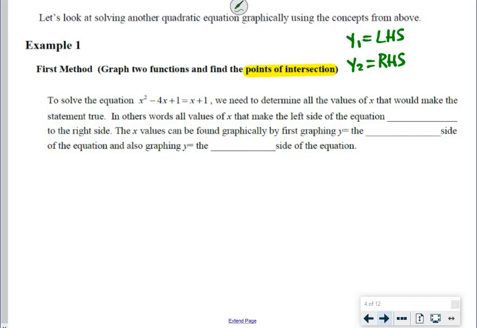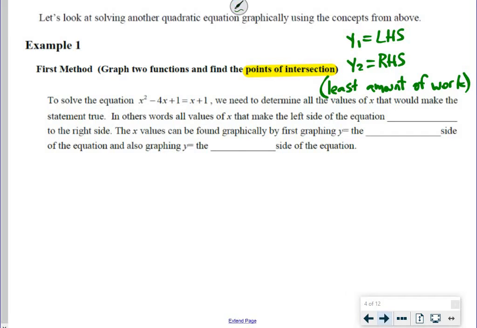We don't need to simplify, as long as it's all in terms of x, we just put the left-hand side in for y1 and the right-hand side in for y2 and find the points of intersection. So typically this is the least amount of work required. So this is the quick way if it's available.